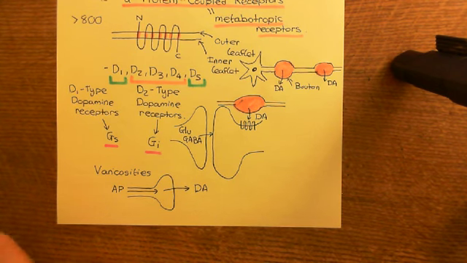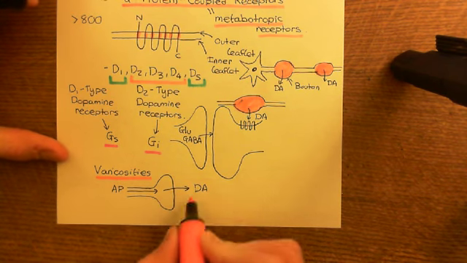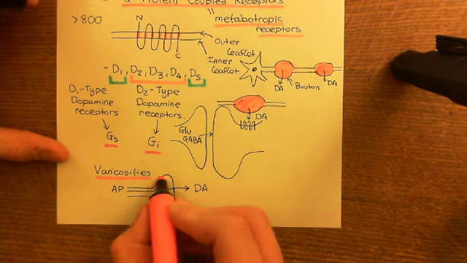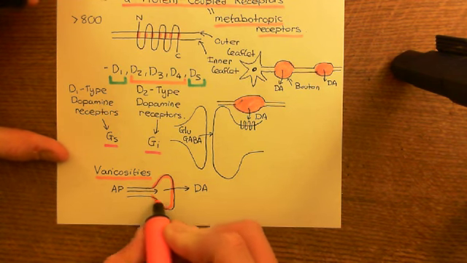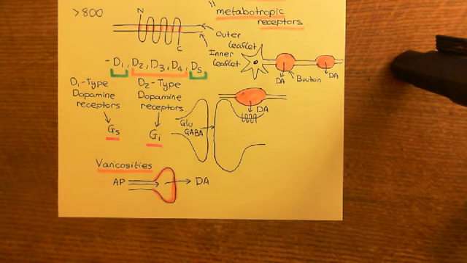Okay, now when you have an axon terminal that just ends without having a clearly defined postsynaptic neuron, that's known as a varicosity, so this is a varicosity here. Okay, right. So, basically, what was the point of all of that? My point was that the ventral tegmental area is sending out axons all over the brain.